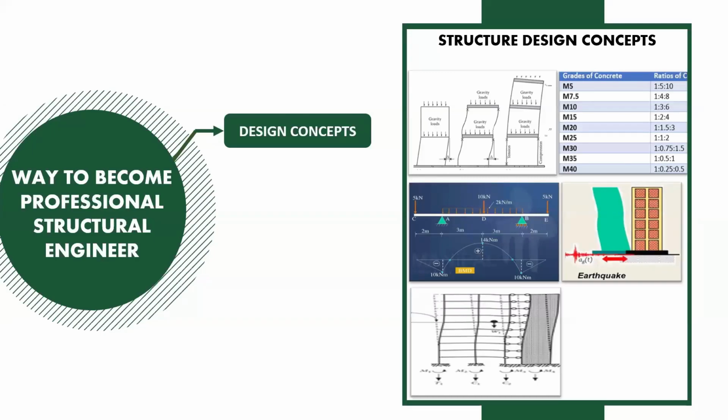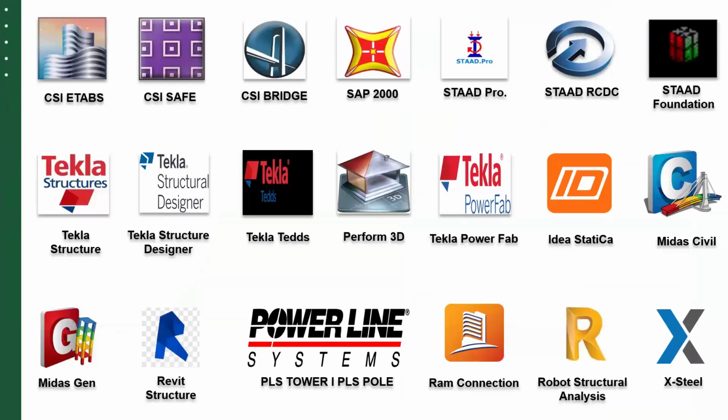in respect of the responsive concept of structure. You need to understand this very well, and only then can you use the software. You should be perfect in mathematical calculation, manual calculation. Unless you are aware of manual calculation, you cannot use the software. Software is just a tool. If you give wrong input, software will definitely give you wrong output. If you give right input, software will give the right output.